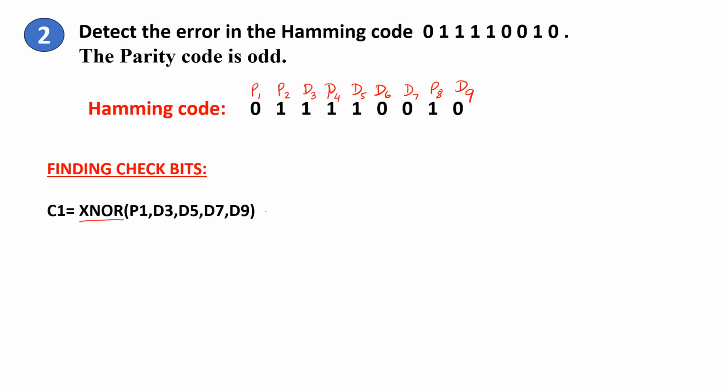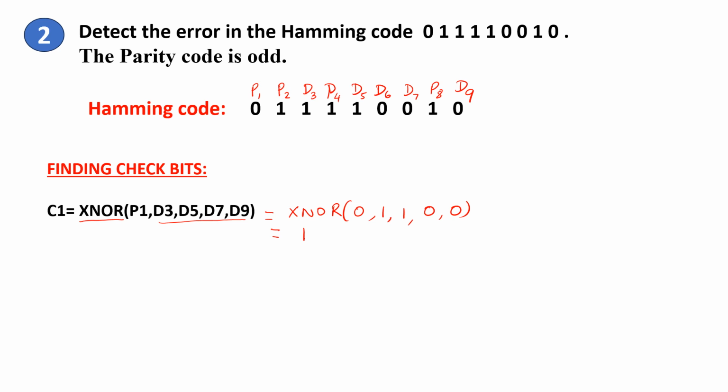These data bits we can choose as I explained in the previous problem, from the table. So XNOR of P1 is 0, D3 is 1, D5 is 1, D7 is 0 and D9 is 0. For XNOR, an even number of ones will give the output 1.